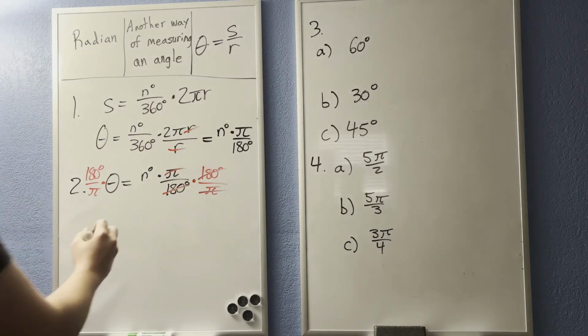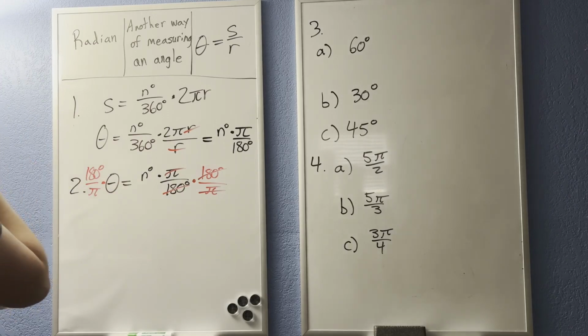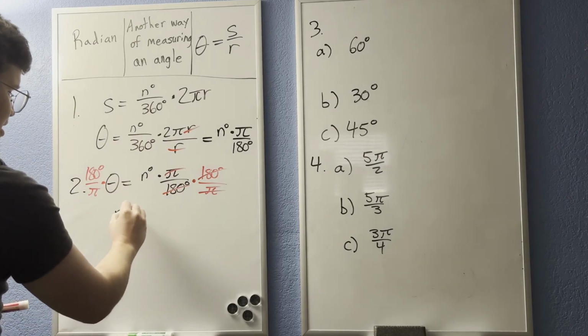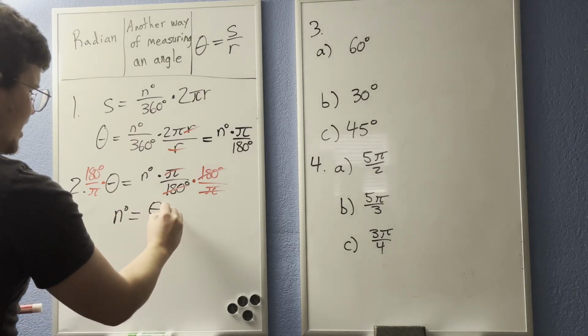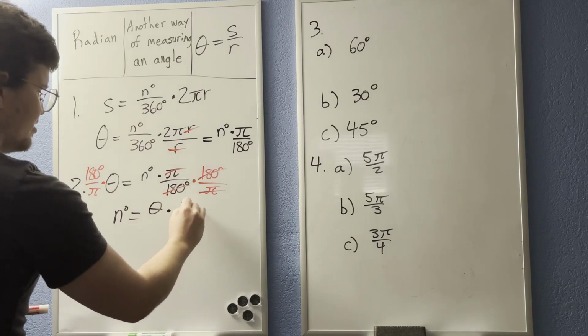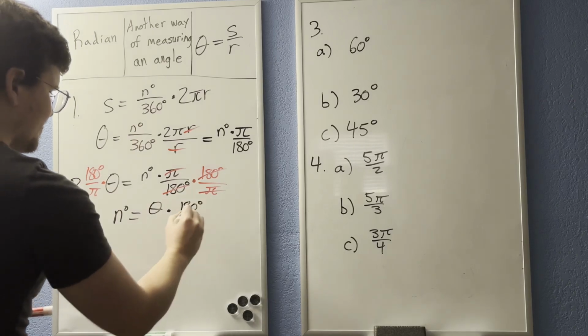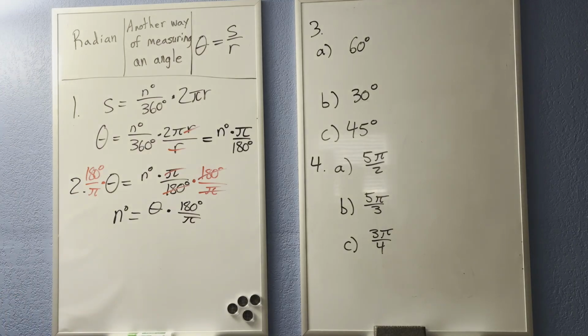So if I had my angle in radians, but I want it in degrees, I'm going to do my angle in radians times 180 degrees over pi. Okay, so on question 3, we're going to go from degrees to radians. On question 4, we're going to go from radians to degrees.